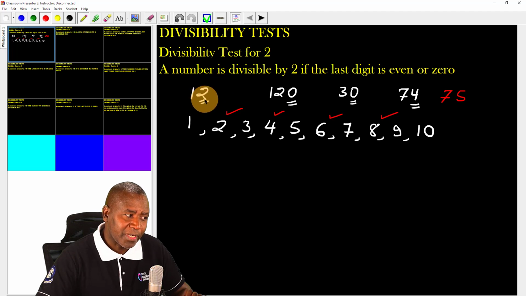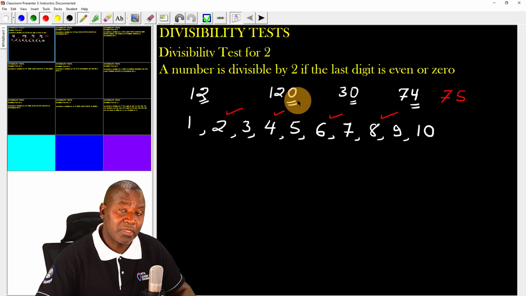So when I look at the last digit of 12, it's 2, and 2 is even. When I look at the last digit of 120, it's 0, and 120 must be even because it's got a 0 there. It's not that I'm saying 0 is even. I'm saying 120 itself is even.